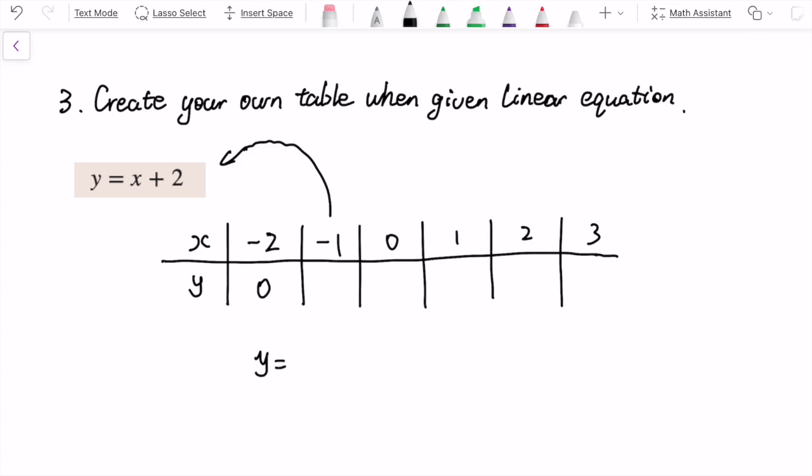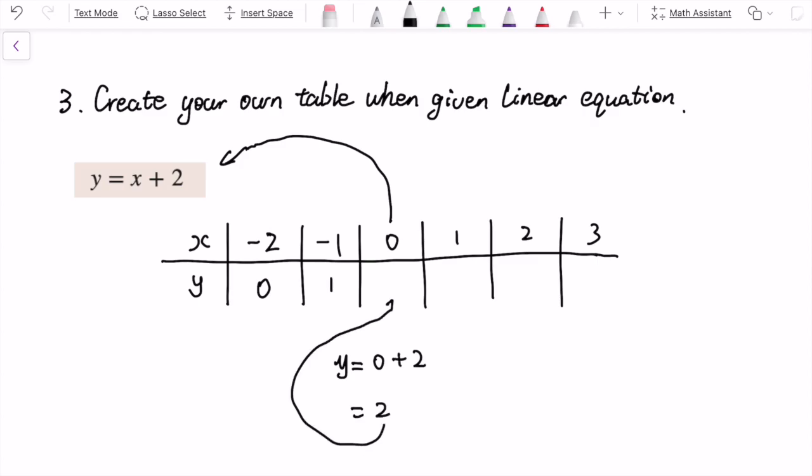So y equals -1 plus 2. So y equals 1. Then you put this number into this box. Next, you are going to put 0 into the equation. So y equals 0 plus 2. So y equals 2. Then you put number 2 into this box.